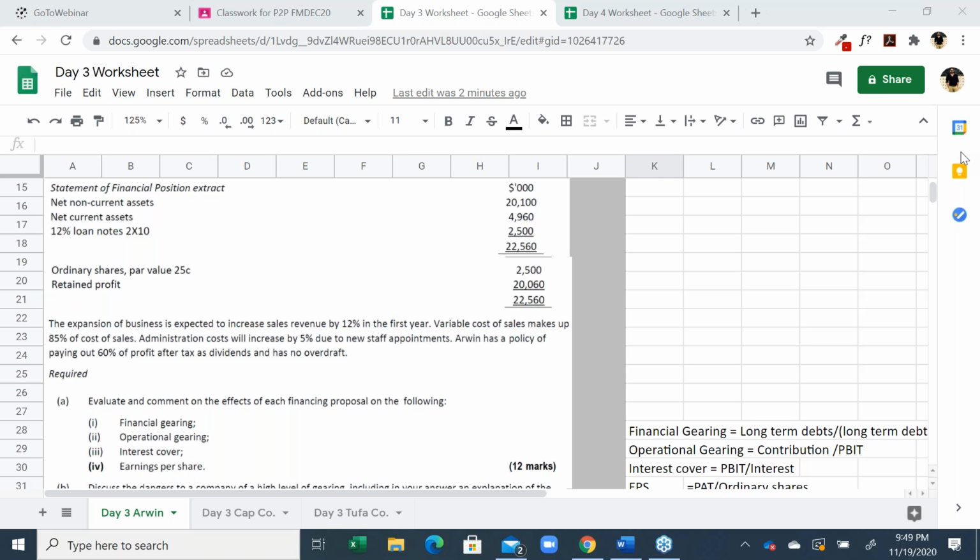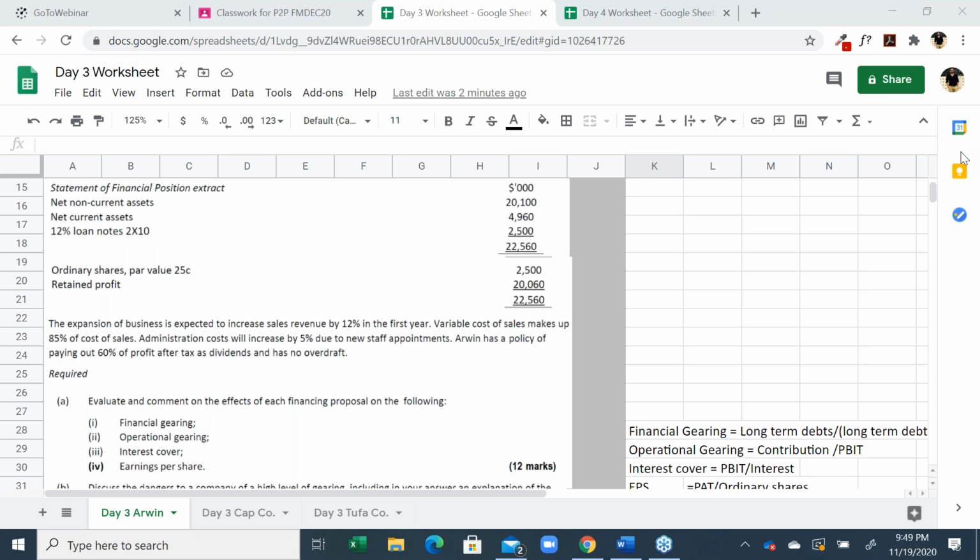So back guys, let's do it, and I hope you people have tried this question. Now, a very important thing that you should note is whenever you are evaluating and you are comparing something, you have to have a comparative analysis, and you have to calculate things before the change and after the change.